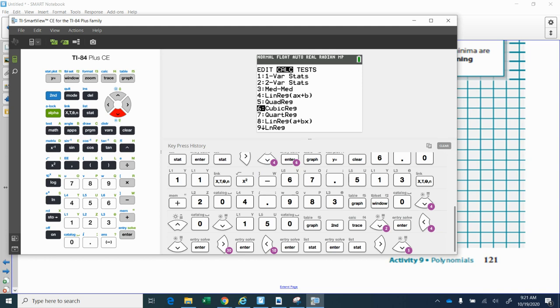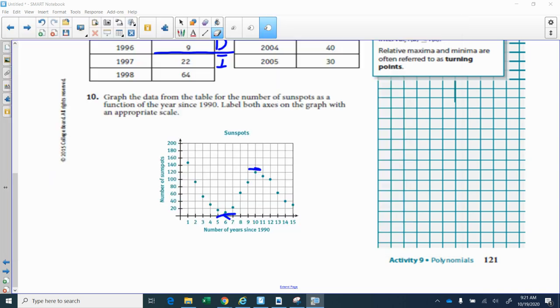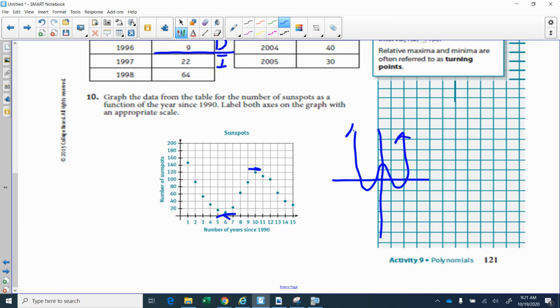But I do want you to note that in any type of equation, we can solve it based on what we see. One of the key things that we're going to have to get comfortable with is understanding what type of graph we have. For example, let's just say I had a quartic graph. Well, we need to understand that a quartic graph looks like this.